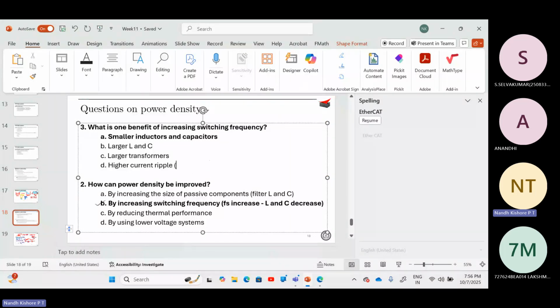If you go for higher and higher switching frequency, higher fS means lesser time, and lesser time means lesser ripple. So the idea is lesser ripple. You will not get higher current ripple. In fact, if you increase the switching frequency, you will get lesser ripple.